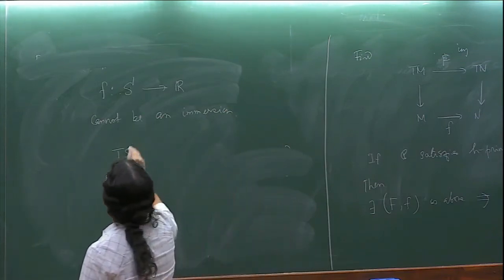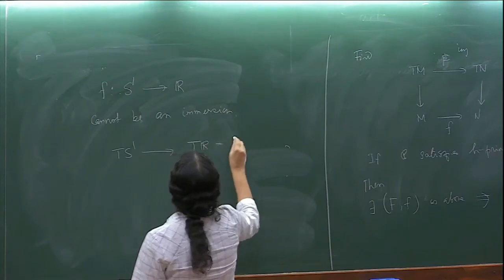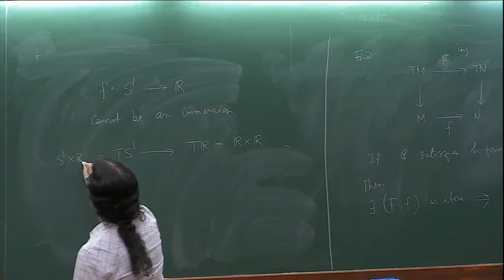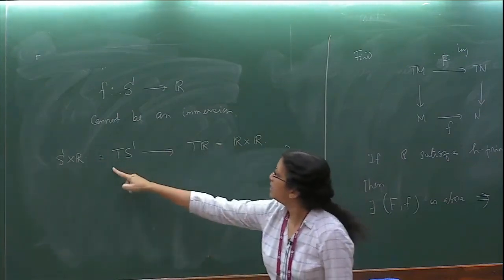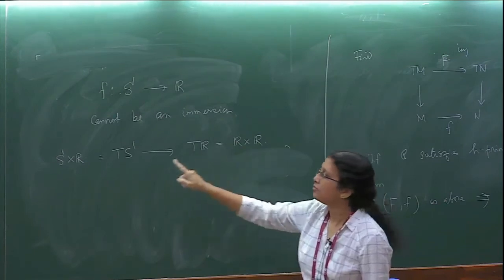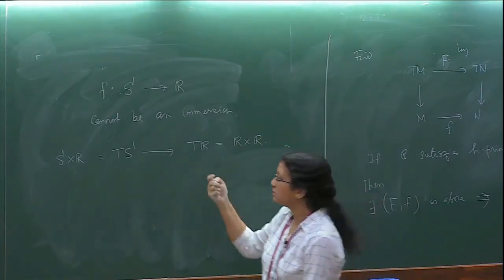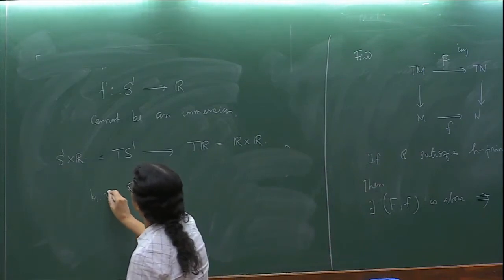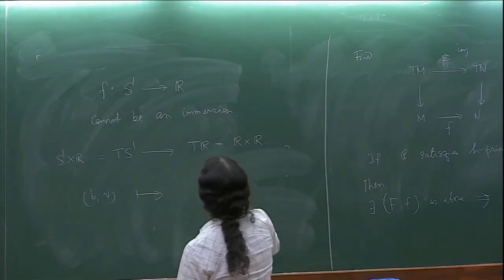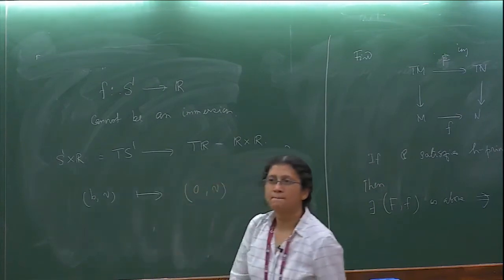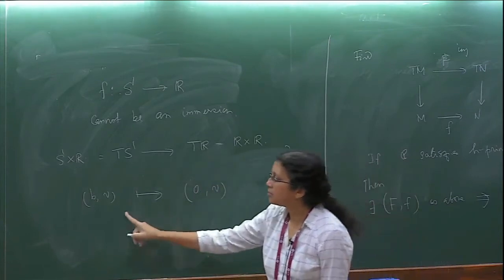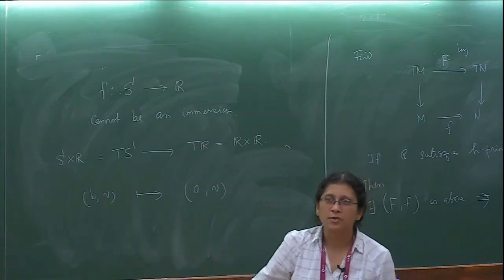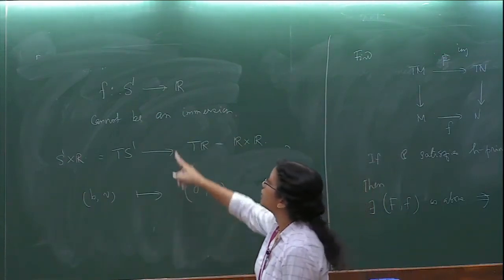But look at the tangent bundle level. What is this? This is simply S^1 cross R. You can definitely get a fiber-wise injective map from S^1 cross R to R cross R. Let us write one map. Suppose this is the base point b and this is v in the fiber, going to the point 0, comma v. This is a fiber-wise injective map. If the theorem were true for closed manifolds as well, it would have led to a contradiction.